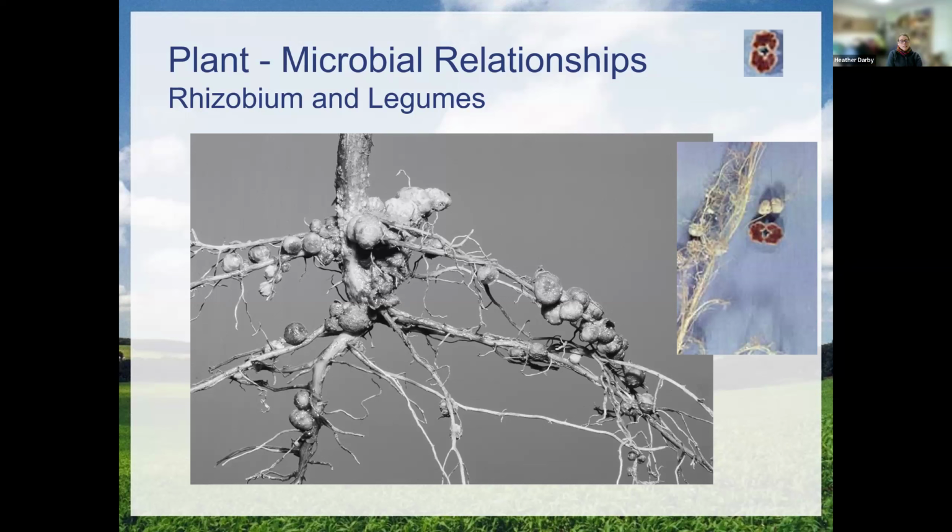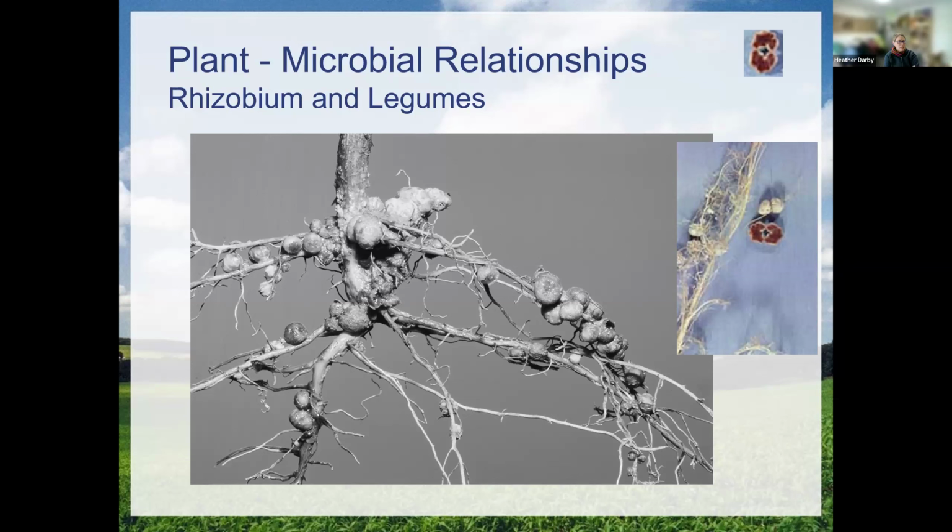The legume gets something from having the bacteria there, and the bacteria gets something from the legume. The bacteria itself has the ability to take nitrogen gas out of the air and convert it into a form that it can use, but also the plant can use.